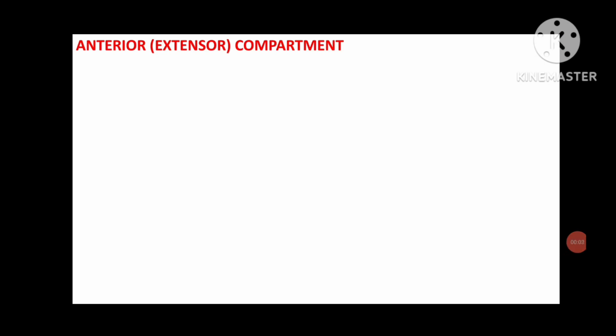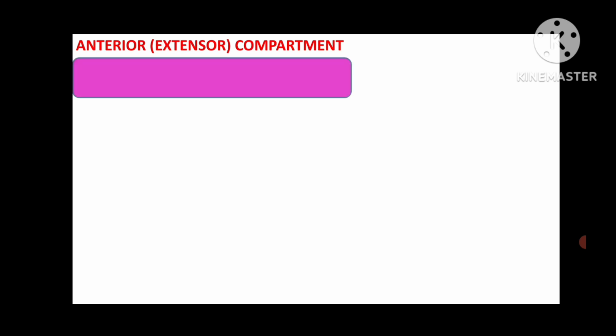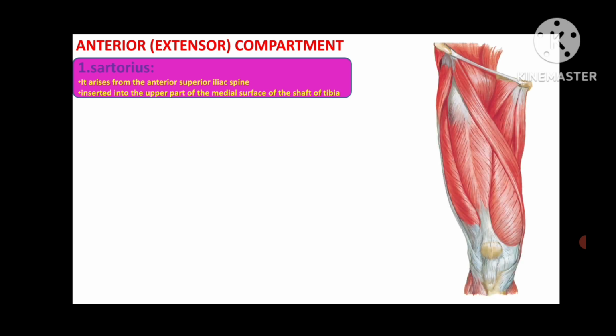Coming to the anterior or extensor compartment of the thigh, the muscles of this compartment are sartorius. The sartorius muscle is a long, narrow muscle that forms a band across the thigh region, arising from the anterior superior iliac spine of the ilium of the hip bone and inserted to the upper part of the medial surface of the shaft of the tibia.